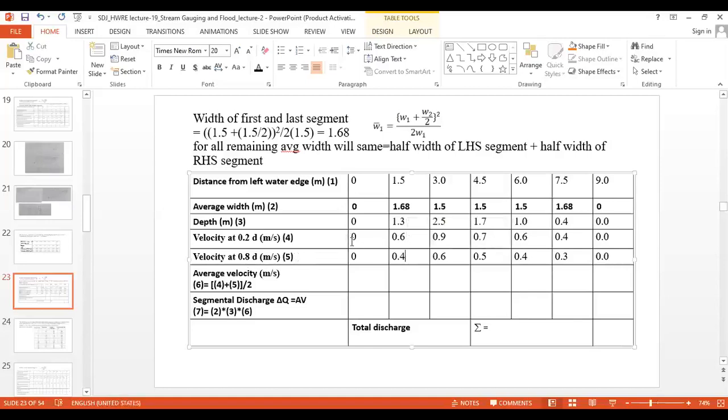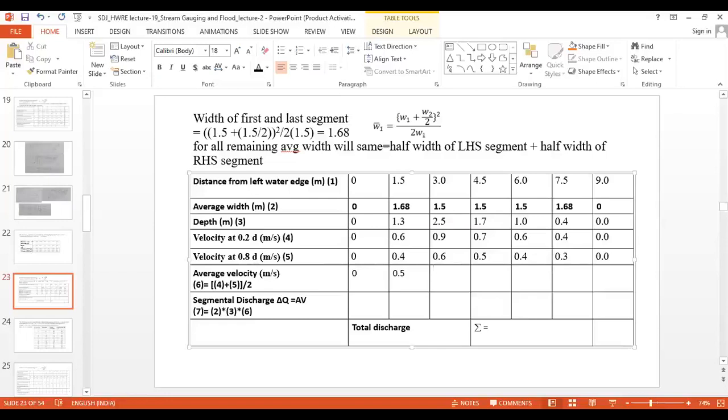Okay, but for our calculation we will be required to have an average velocity. It means that we will be required to calculate the average of the velocity at point 2d and point 8d. So here the first will be 0, then next will be 0.6 plus 0.4 upon 2, that is 1 by 2, 0.5.